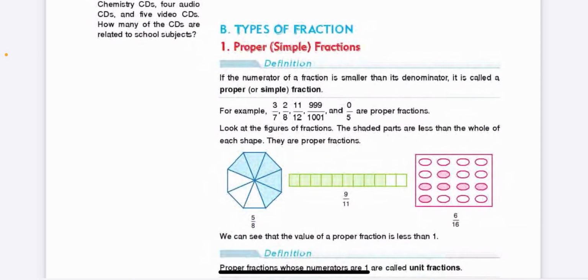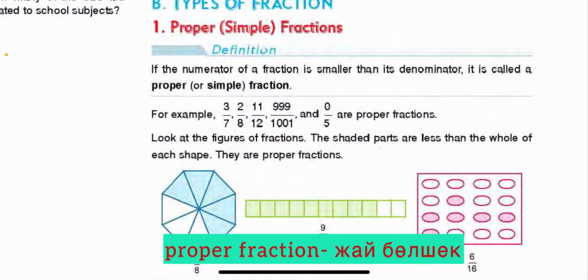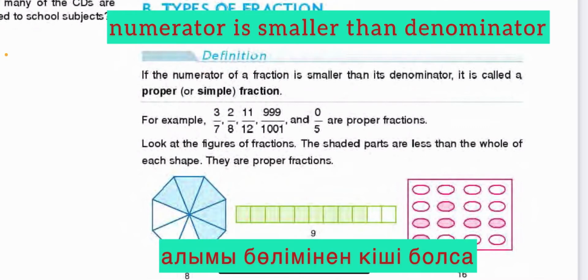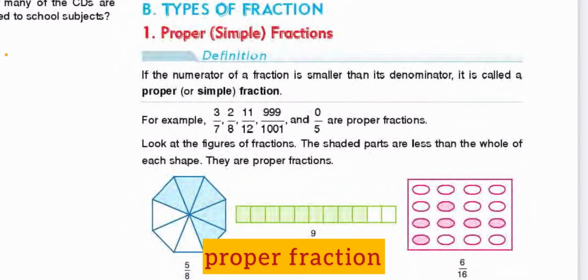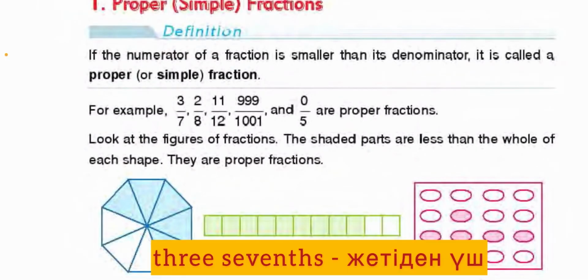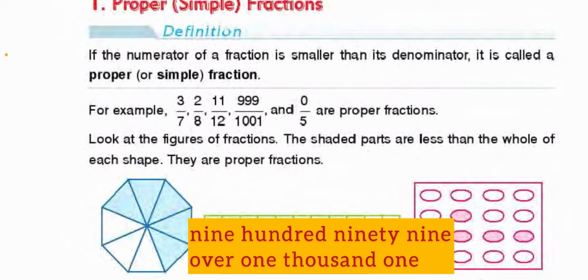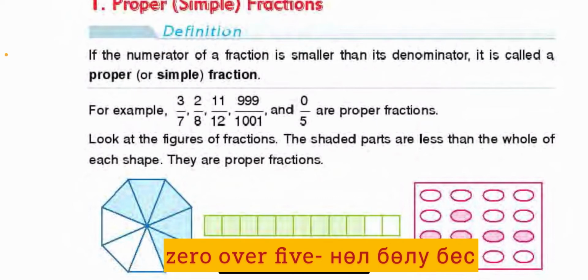Types of fractions. Of course, fractions have different types. The first one is proper fractions, or simple fractions. What is it? If the numerator of a fraction is smaller than its denominator, it is called a proper fraction or simple fraction. For example, 3/7, 2/8, 11/12, 999/1001, 0/5.